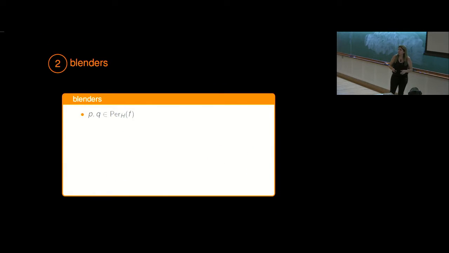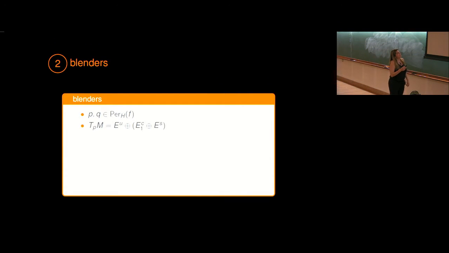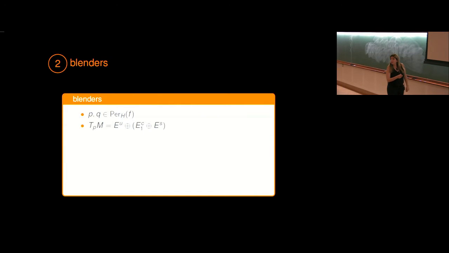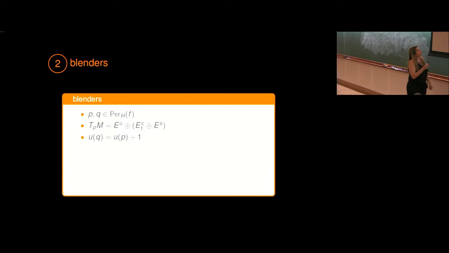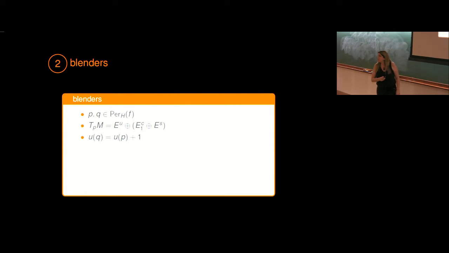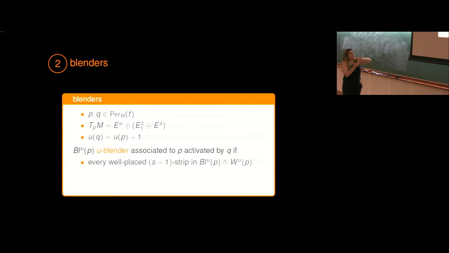I will explain better what I mean by this. You have two periodic points, and you have this splitting: unstable, one-dimensional center, and stable. And you have the unstable index of Q is one more than the unstable index of P. And then you are saying that this is a U blender associated to P and activated by Q, if every well-placed S+1 strip in the blender is an open set.